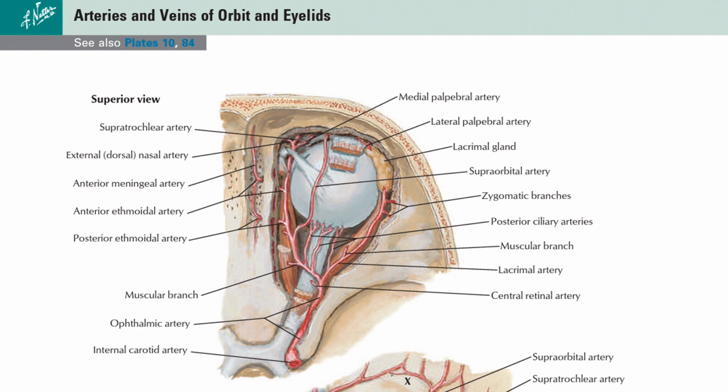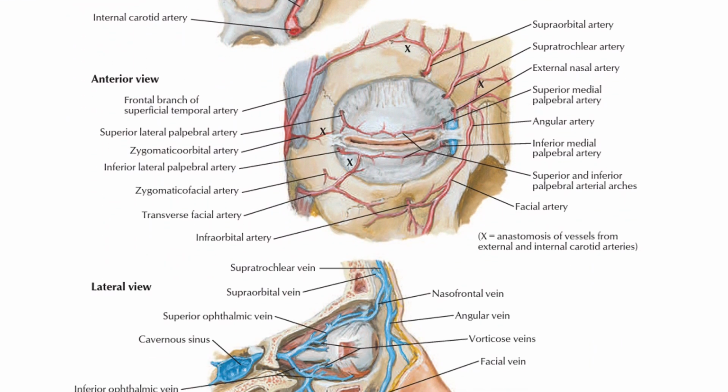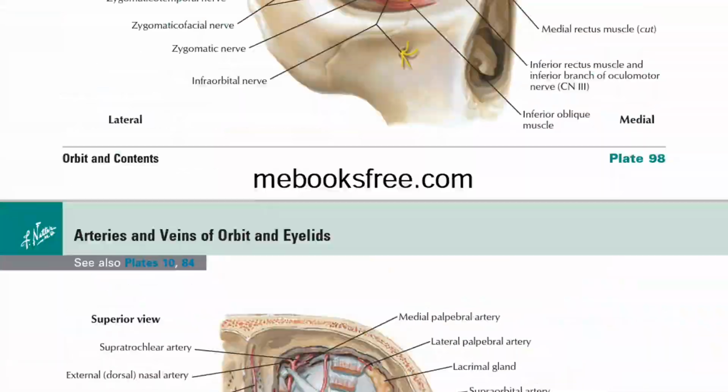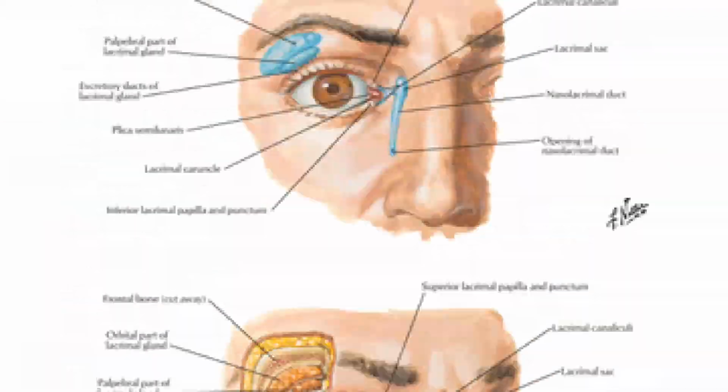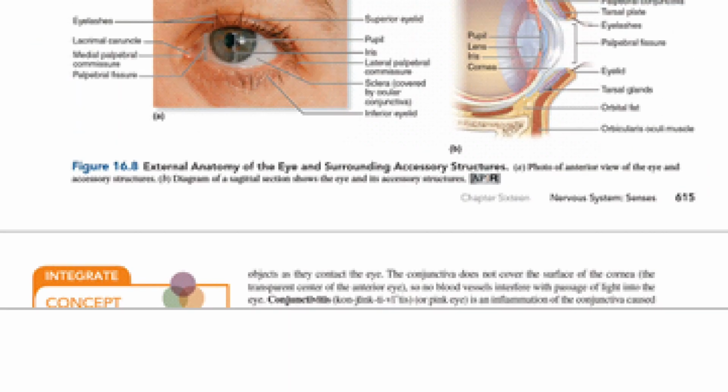Arteries and veins of orbit and eyelids. Okay, now we are moving back to our discussion.